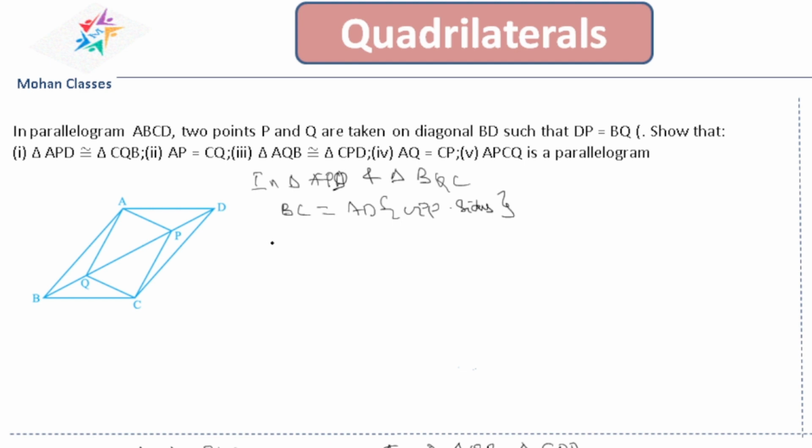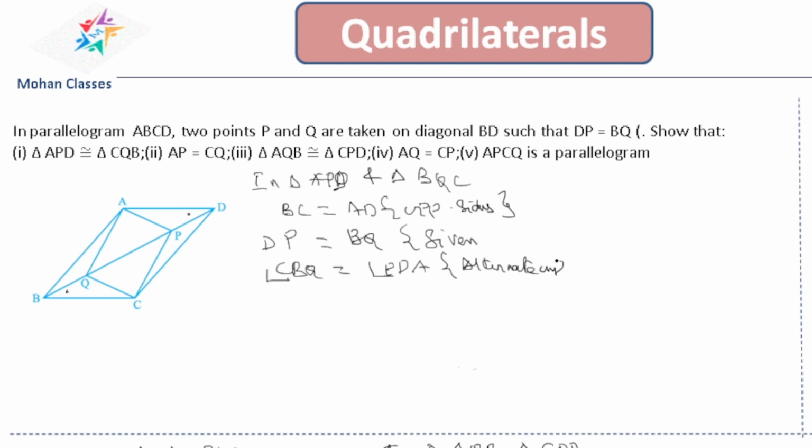And then DP is equal to BQ. It is given. And then angle CBQ. This angle is equal to this angle. Why? Alternate angle. Angle CBQ is equal to angle PDA. Alternate angle.